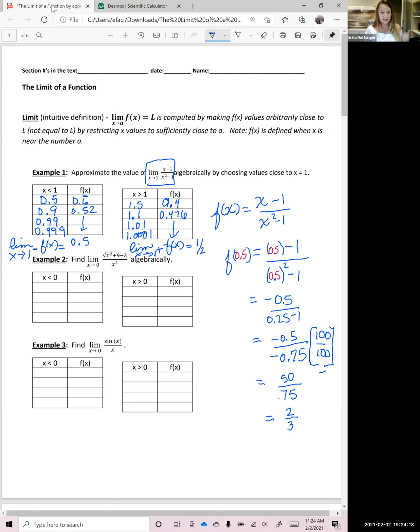And because the left-hand side and the right-hand side are approaching the same number, we can say that the limit exists. So the limit as x approaches 1 of this function, x minus 1 all over x squared minus 1, is equal to 1/2.